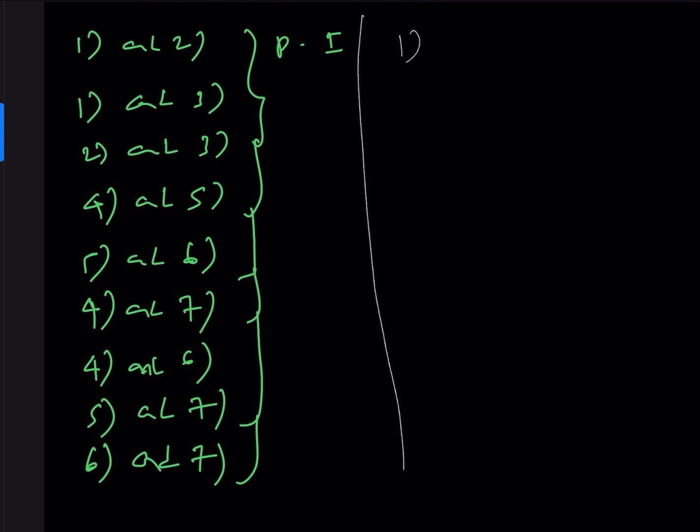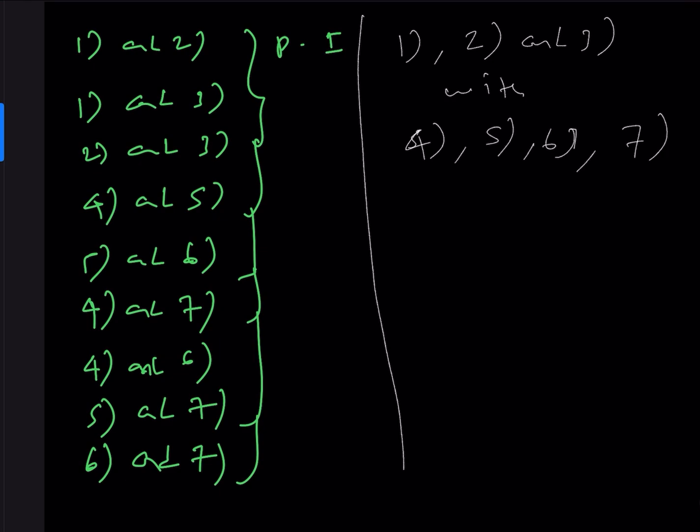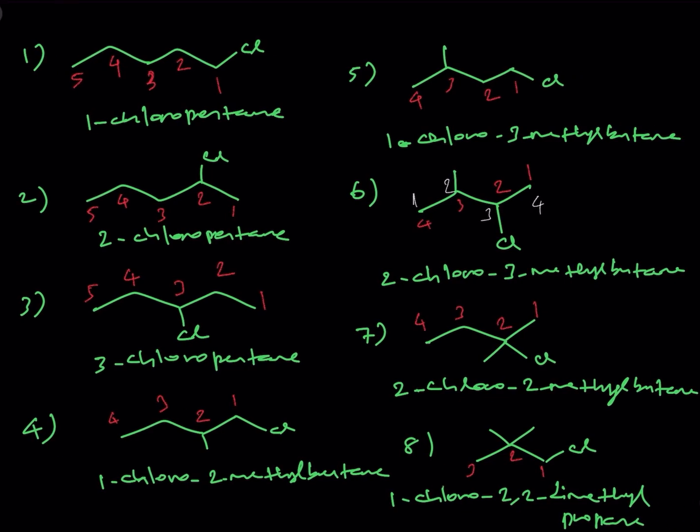Any comparison of 1 to 3 with 4, 5, 6, 7 or 8 is chain isomerism, because in 1 to 3 you have a 5 carbon chain, whereas in 4, 5, 6, 7 you have a 4 carbon chain, in 8 you have a 3 carbon chain.